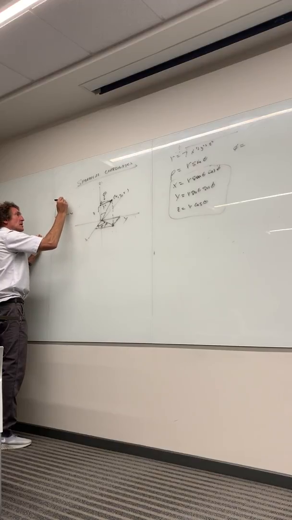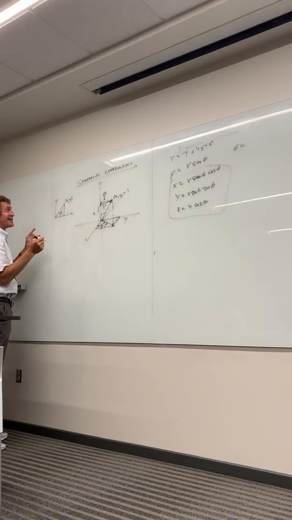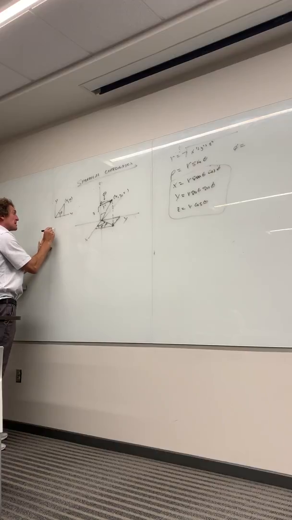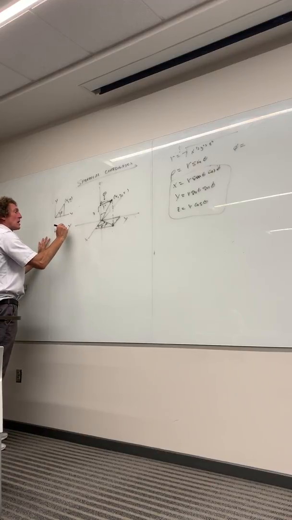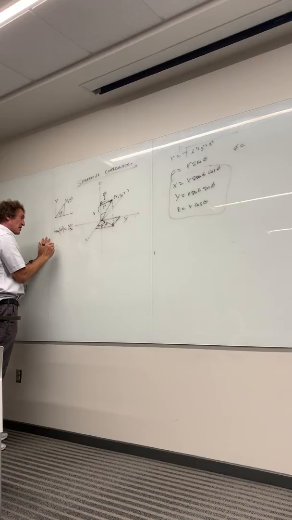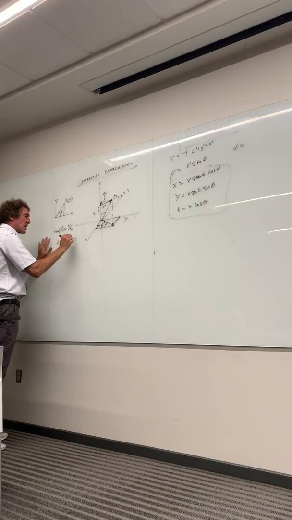So first I could say that the tangent of phi would be equal to y over x, or phi would be equal to tan minus 1 of y over x.